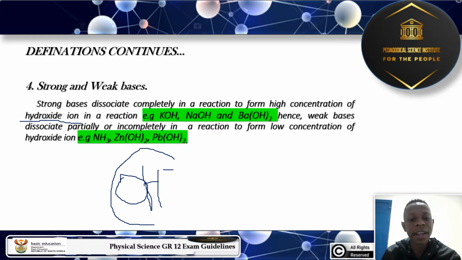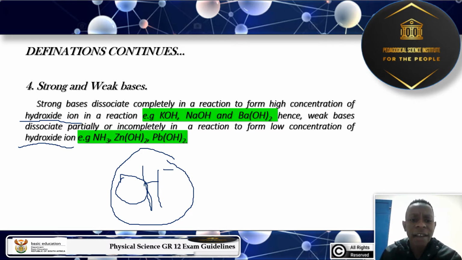So strong bases dissociate completely in a reaction to form high concentration of hydroxide ion, which is the OH minus, and weak bases dissociate partially or incompletely to form low concentration of what? Hydroxide ions. Then examples of strong bases are potassium hydroxide, sodium hydroxide, barium hydroxide.